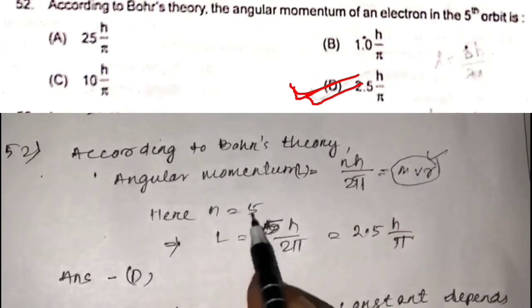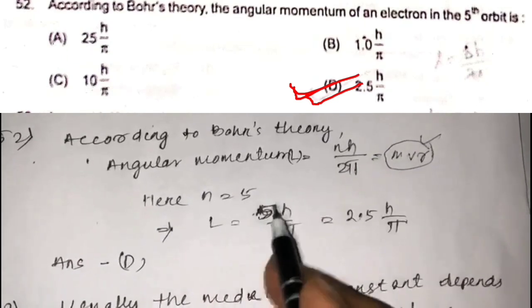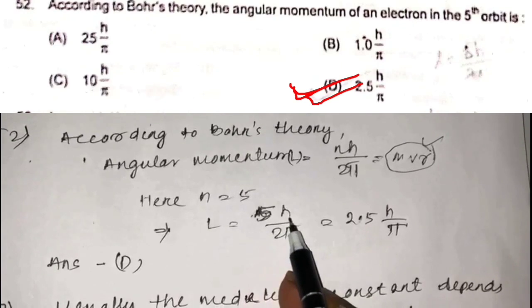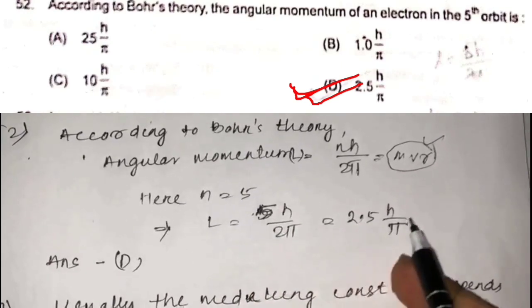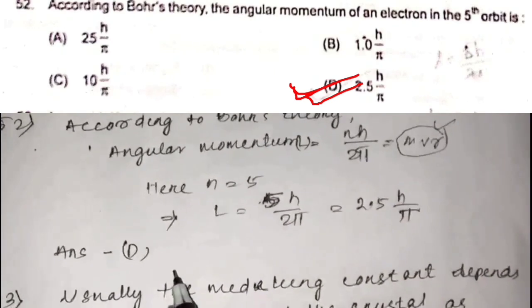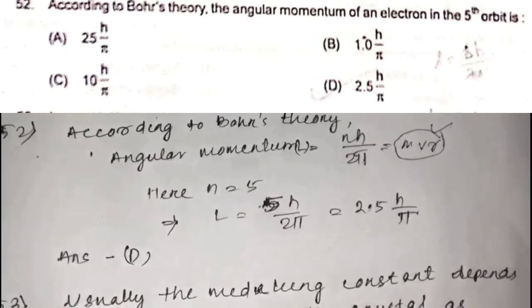Here we have given n equals 5, so L will be n, that is 5, into h upon 2 pi, which in turn will be equal to 2.5 h by pi. Okay, so the correct answer for this question is D.